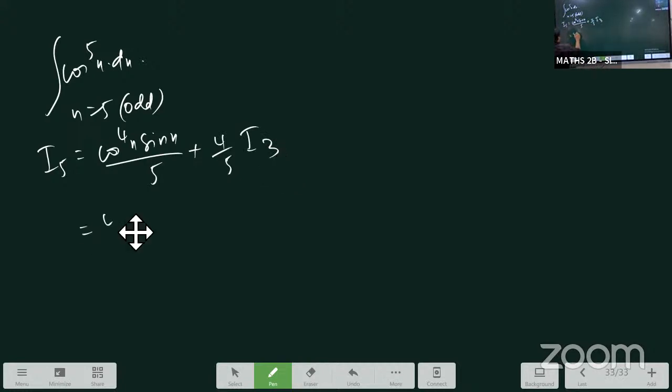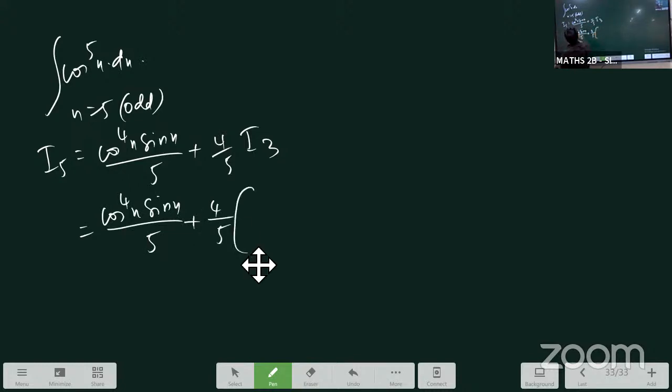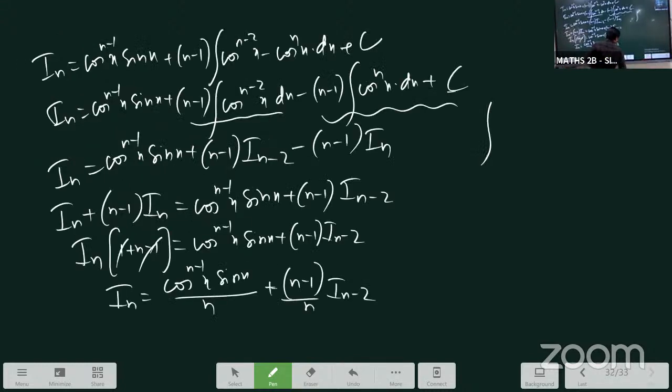Next, cos power 4x sin x divided by 5 plus 4 by 5. Again, open the bracket. In the same formula, instead of n, you put 3 now.